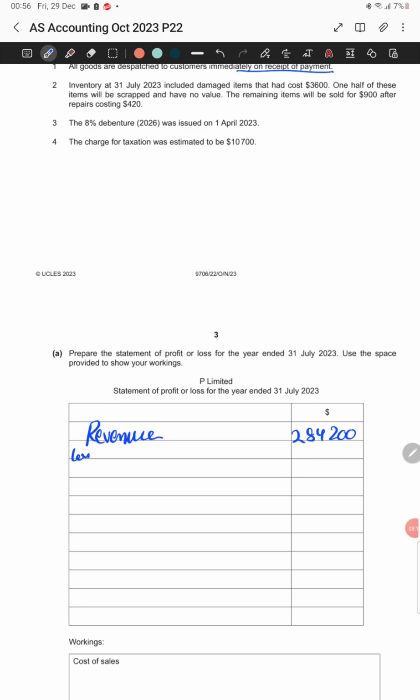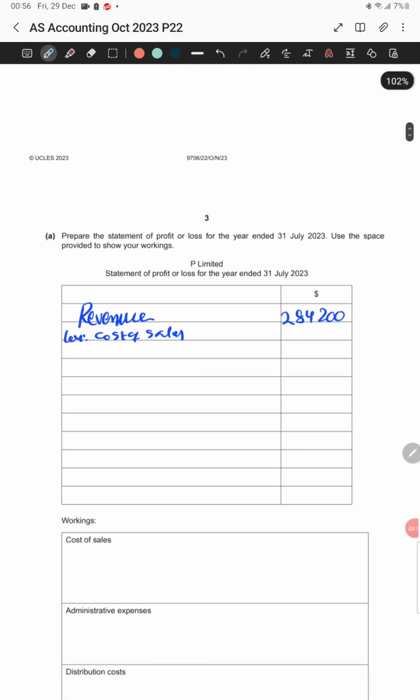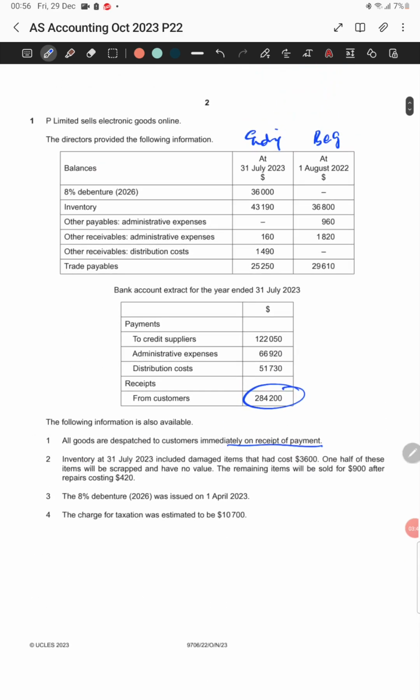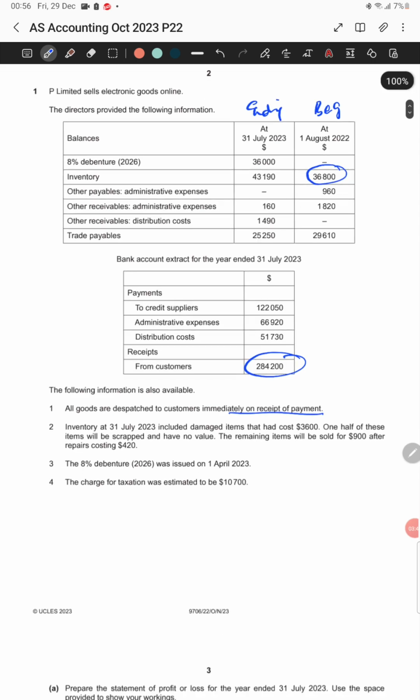Then we calculate less cost of sales. To calculate cost of sales, we need opening inventory plus purchases minus closing inventory. In this question, opening inventory is given, 36,800.